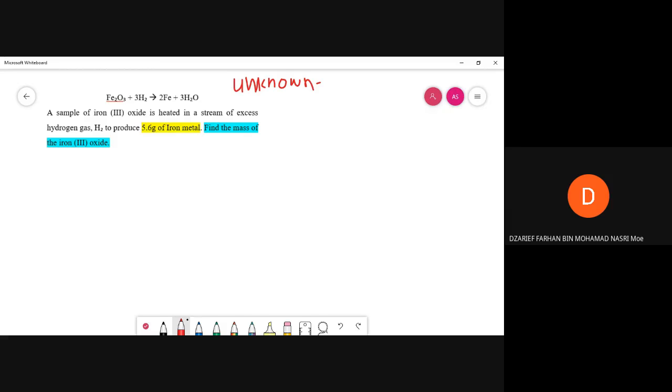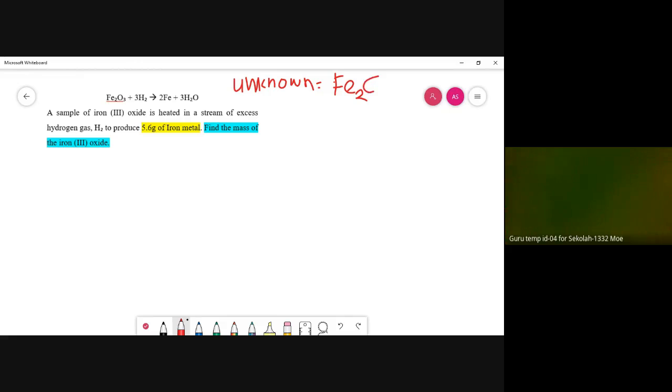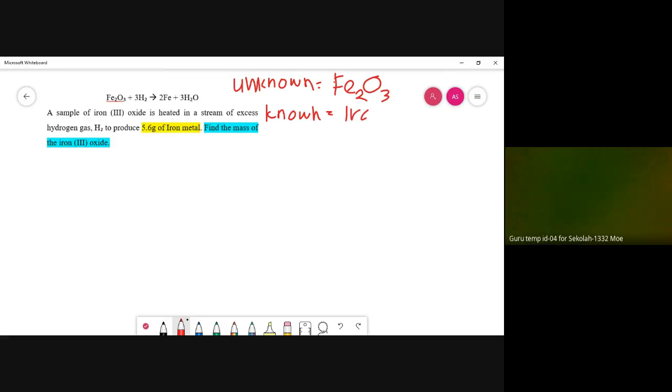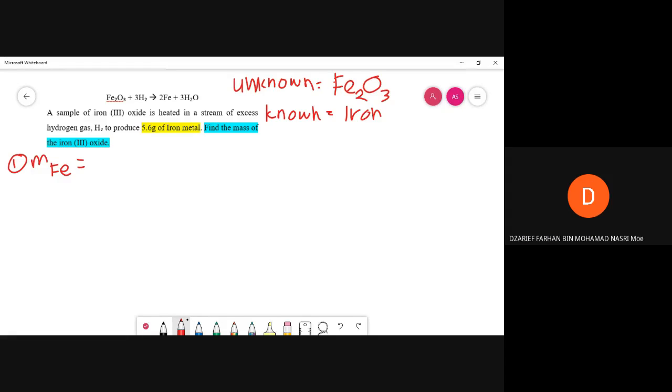Unknown adalah the one yang soalan suruh kita cari. Mass of iron oxide. Yes, so iron oxide will be our unknown. So kita punya known apa? Mass of iron. Yes, so iron is our known. So first we have to determine the mass of iron. What is the mass of iron? 5.6 gram.